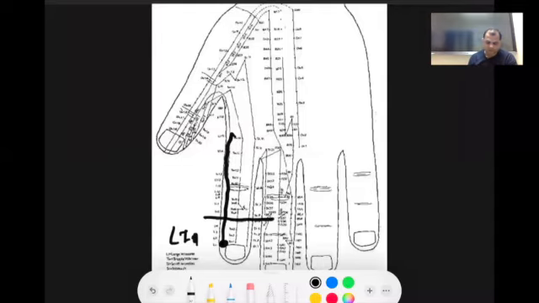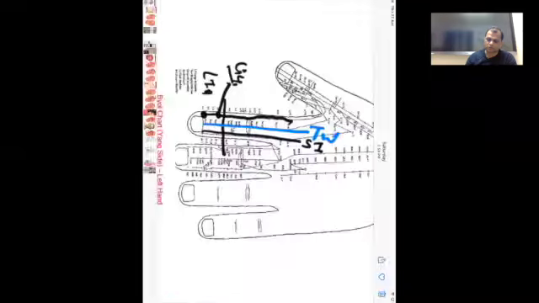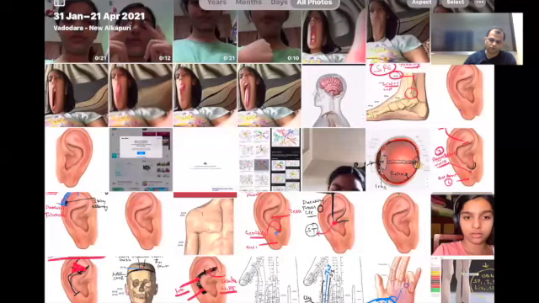This is the joint, and just before the joint, this is LI4. In the index finger, we have 3 meridians. In the center, we have the triple warmer meridian, and on the other side, we have the small intestine meridian. Okay, so now this is the completion of the heel protocol.